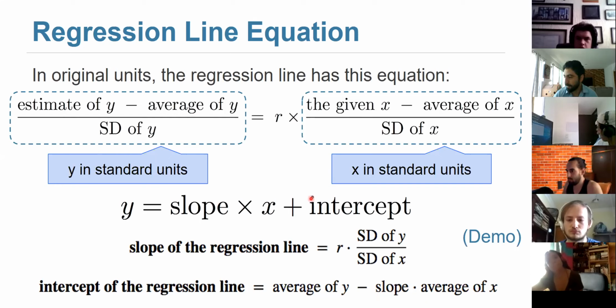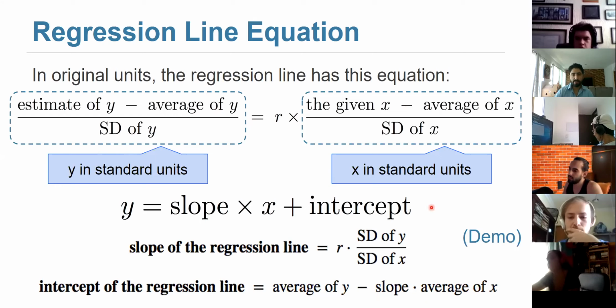So don't let it confuse you. It's the same thing. Y in standard unit equals R multiplied by X in standard unit. I put them in the normal unit, then I do some algebraic manipulation, and I get these equations.